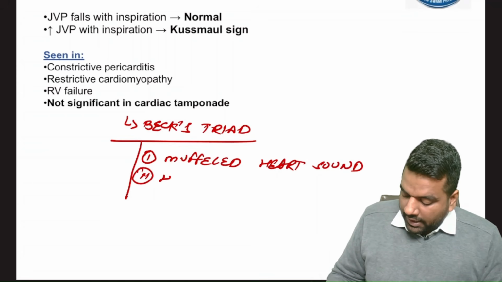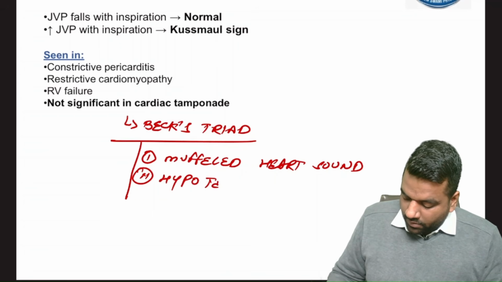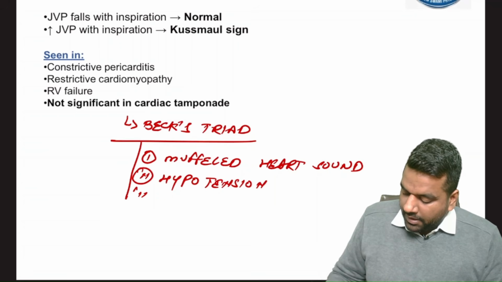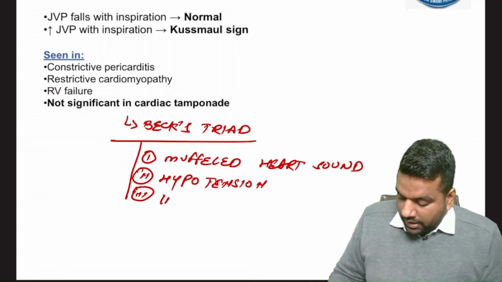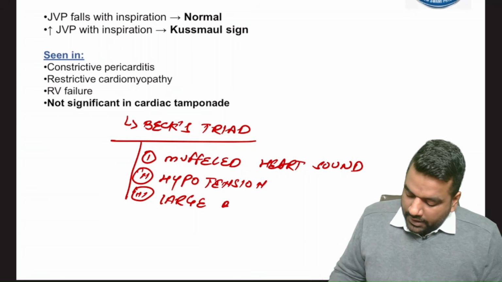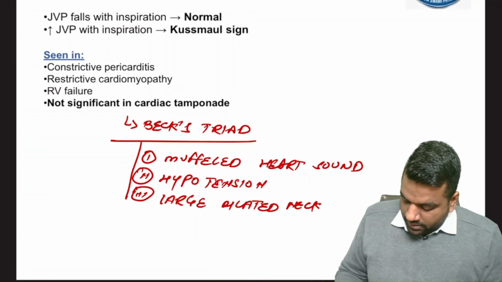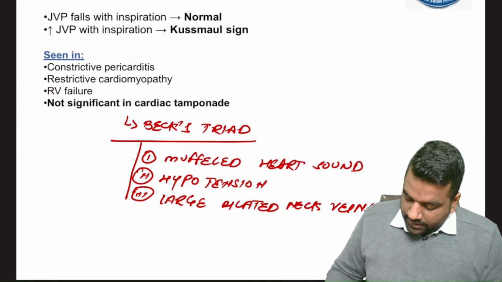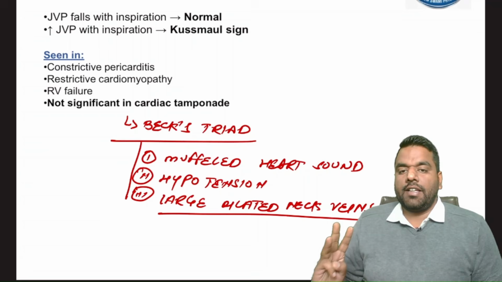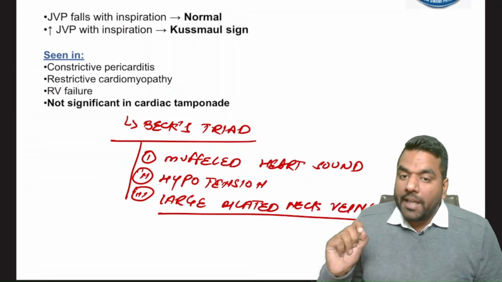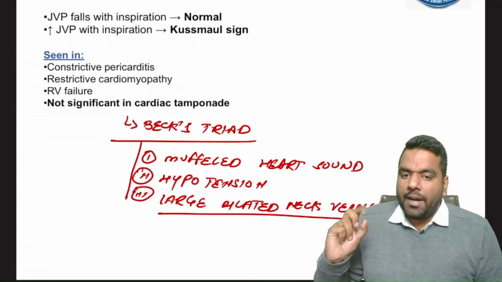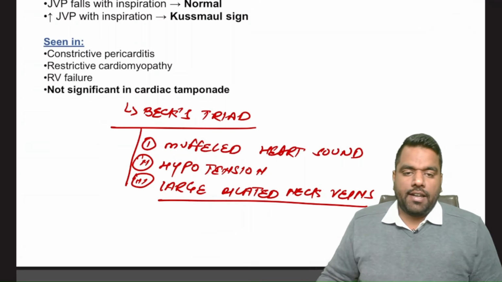Number two is hypotension, and number three is large dilated neck veins. So these are the three things which are significant for cardiac tamponade: muffled heart sound, hypotension, and large dilated neck veins.